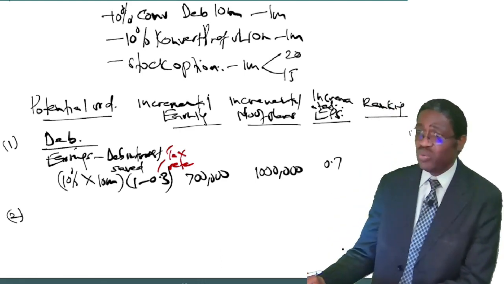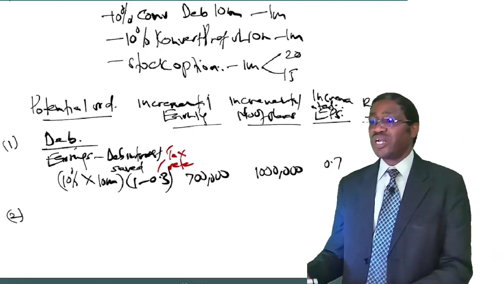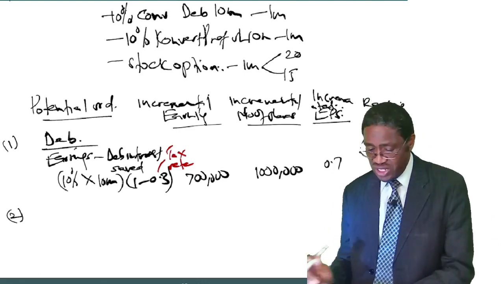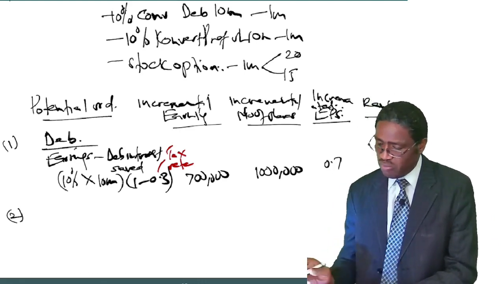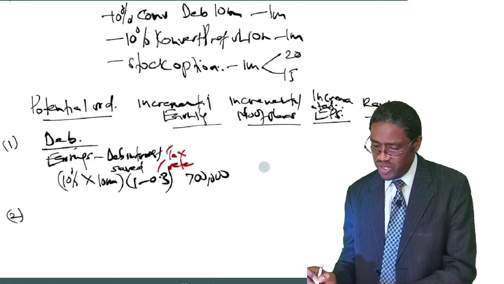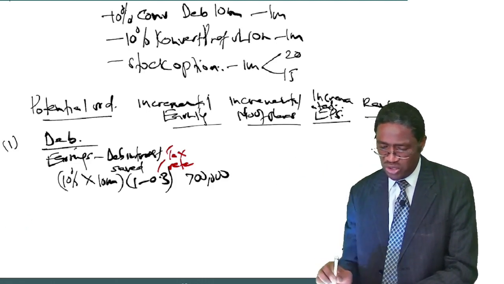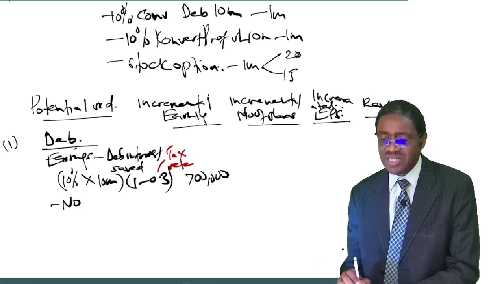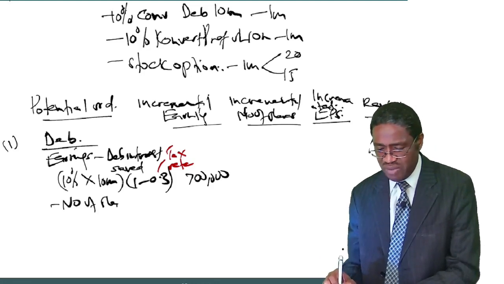Then you go to your next potential ordinary share, which from our illustration we are assuming is the 10% convertible preference shares. Sorry, let me explain properly so that we put it correctly. After analyzing the effect on the earnings, you can now come and say your number of shares.